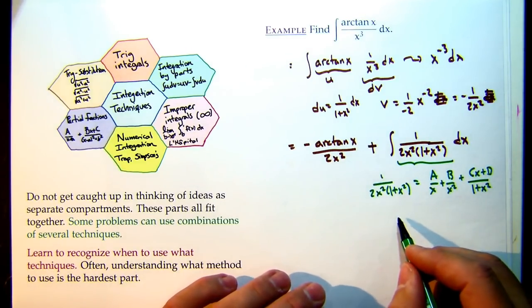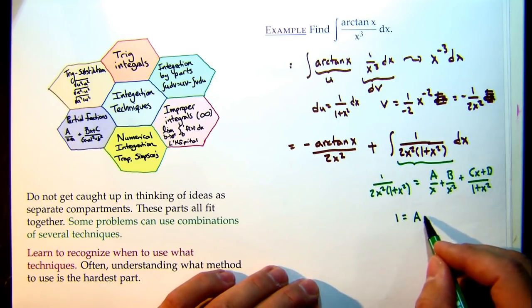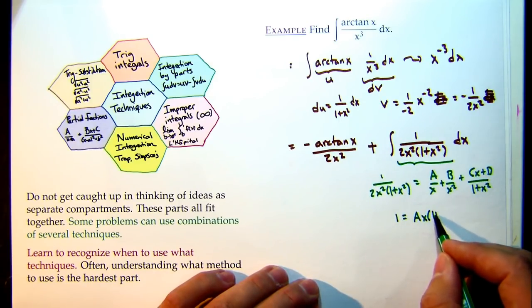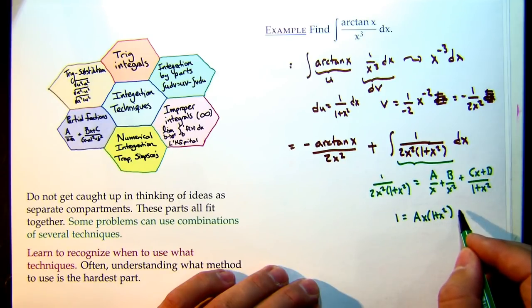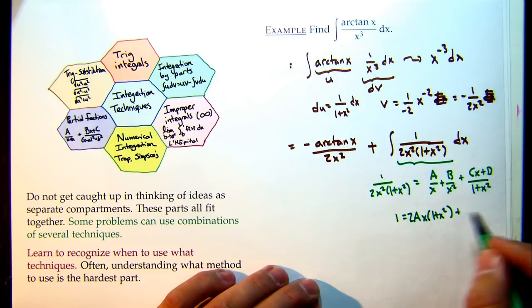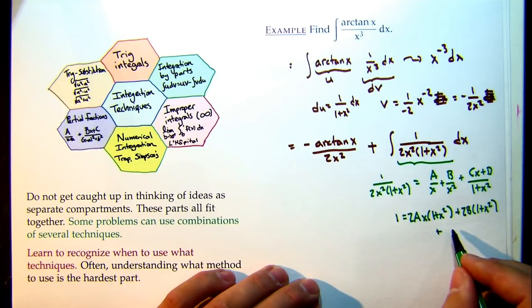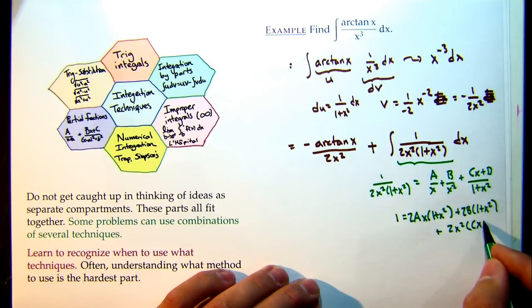We have time. So that says 1 is equal to a times x times 1 plus x squared, plus, oh, I forgot my 2, 2a, plus 2b times 1 plus x squared, plus, and I really misjudged this, 2x squared times cx plus d.